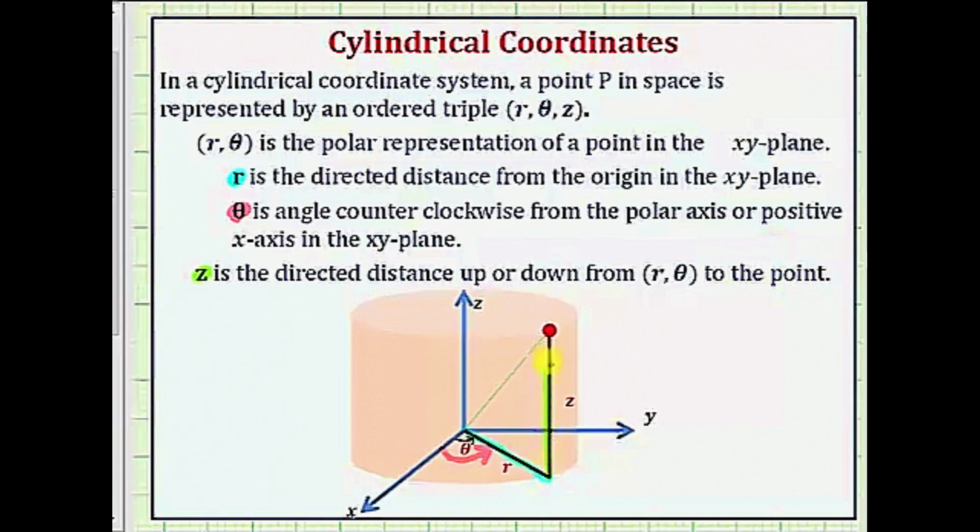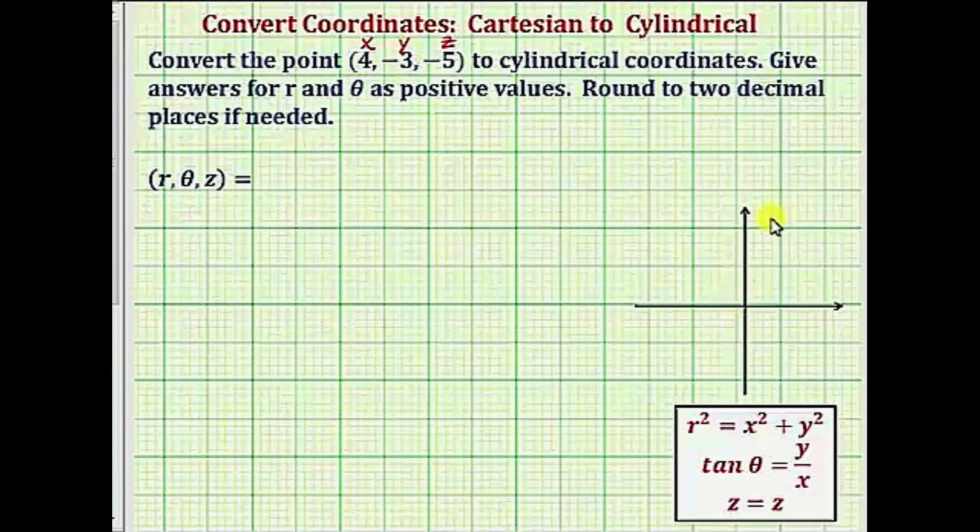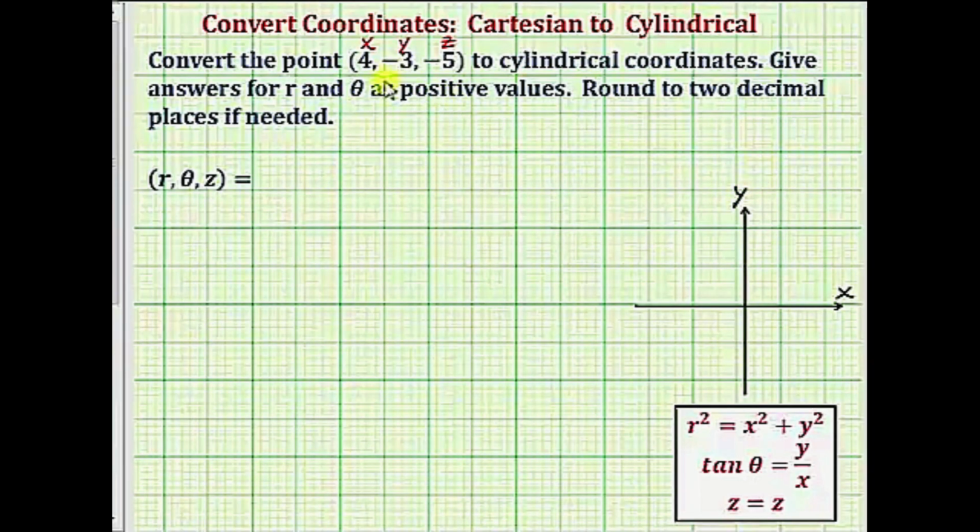So going back to our example, so we can better visualize this, let's plot the point 4, negative 3 in the xy plane. So this would be the x-axis, this would be the y-axis. And since the x-coordinate is positive 4, we'd go right 4 units. And because the y-coordinate is negative 3, we go down 3 units.